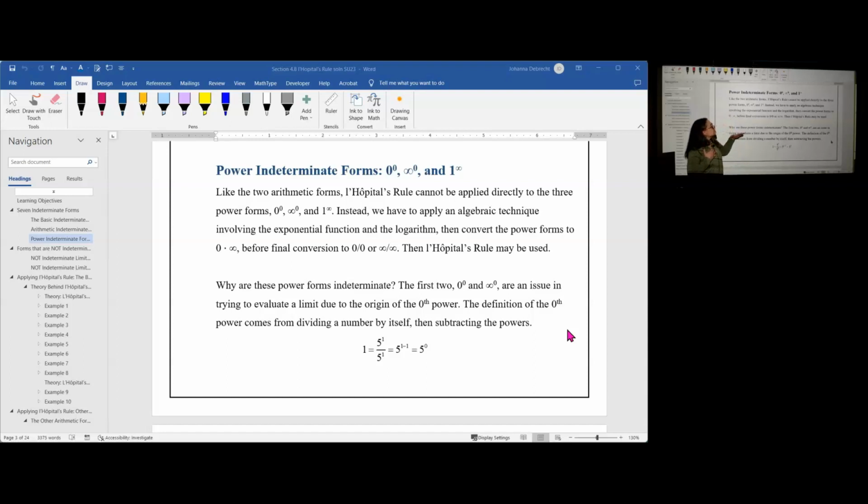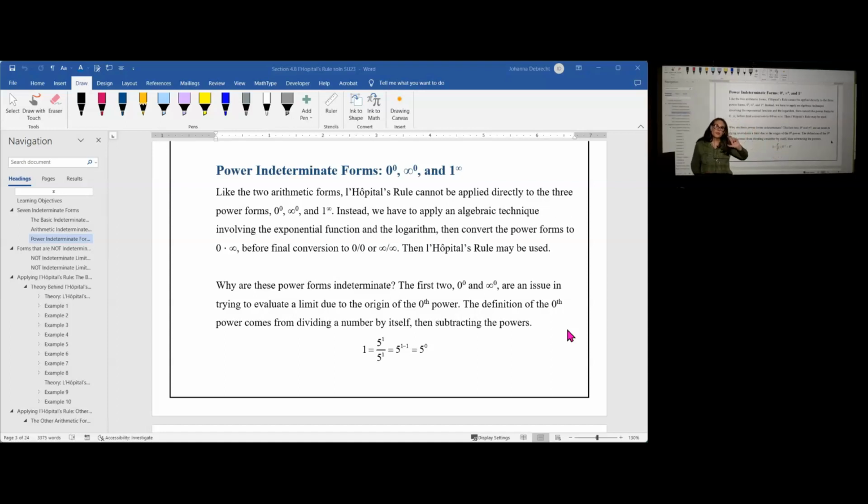Now let's take a closer look here at the power forms, 0 to the 0, infinity to the 0, and 1 to the infinity power. These are not determined. We don't know what their limit values will be if they exist. Why is that? As I said, 0 to the 0 has a problem because of the definition of negative exponents. Let's come down here and look at what we've got. We have the number 1 equal to 5 to the first divided by 5 to the first.